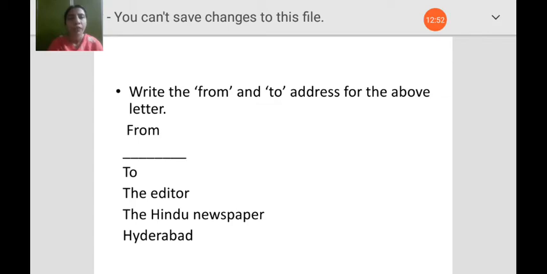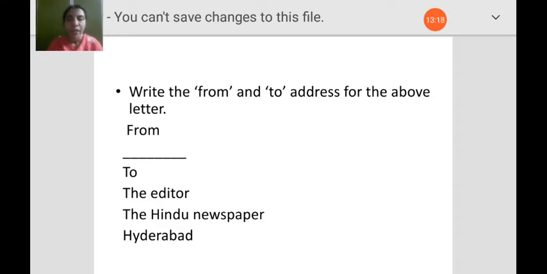Okay, you have come across the addresses, that is from address and to address. Another most important thing is you need to write the date. The place of writing the date varies.